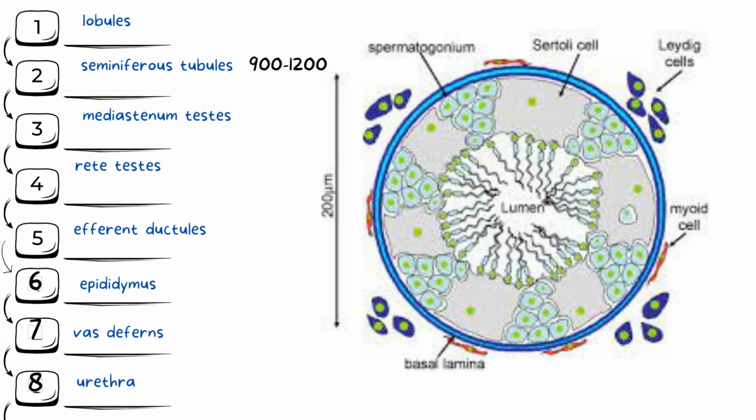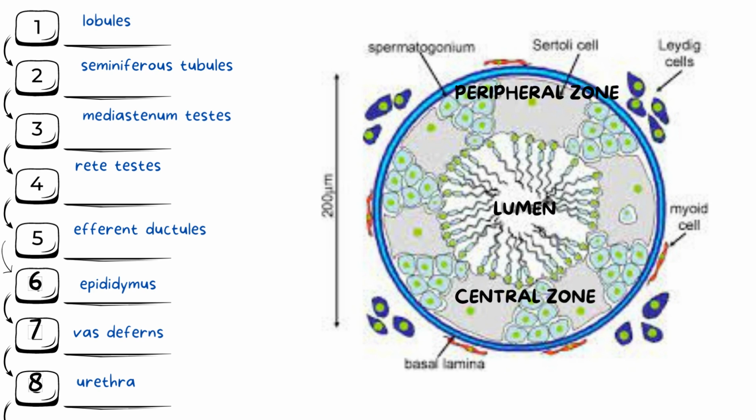The seminiferous tubules are where the male gametes, the male germ cells, the spermatogonia, reside. The seminiferous tubules have a peripheral zone, a central zone and a lumen. While germ cells are maturing, they continuously move from the periphery towards the central lumen.